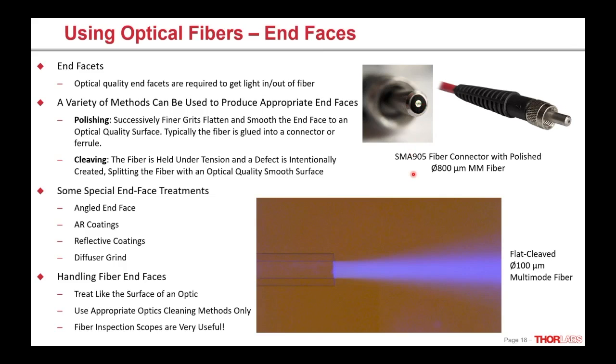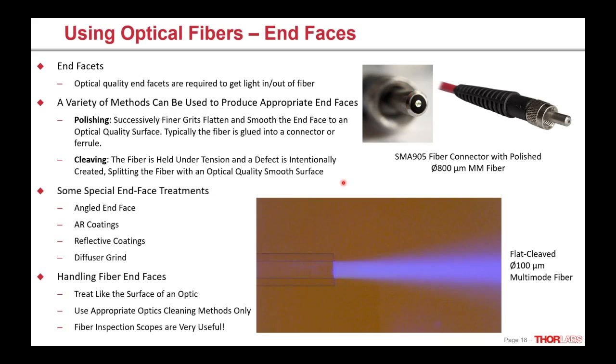And the other strategy is what we call cleaving, where we're going to actually exploit the tendency we mentioned earlier, the brittleness of the fiber, where if we have a stress riser or a defect, we can crack the fiber. To do this, we hold the fiber under a specific tension and intentionally create a defect, and that splits the fiber perpendicular to the optical axis and creates an optical quality smooth surface if done right.